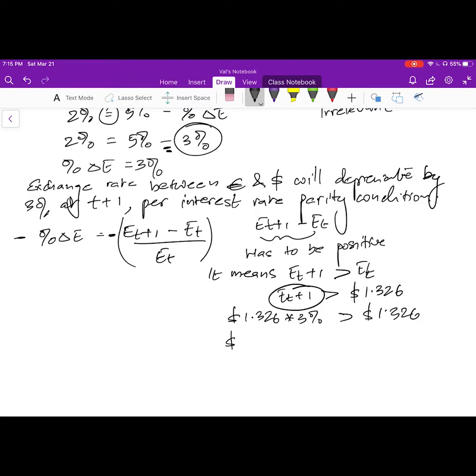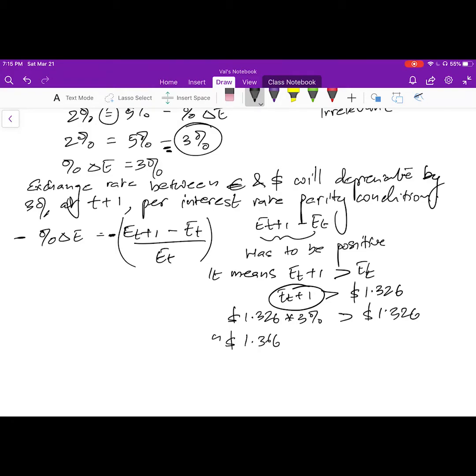So the answer I get, 1.326 multiplied by 1.03 is 1.366 approximately.